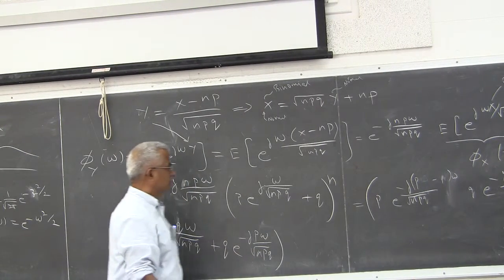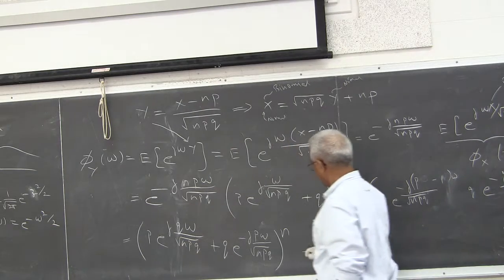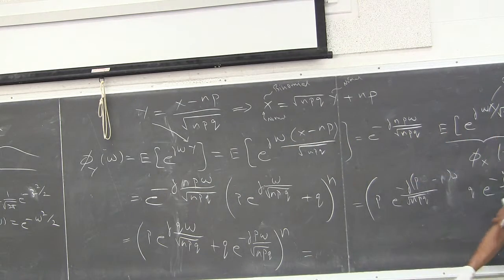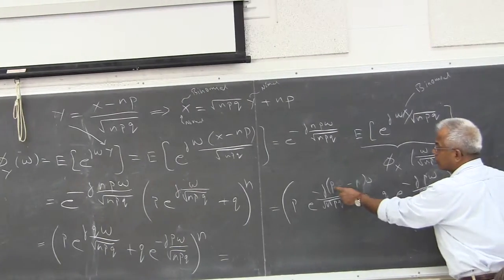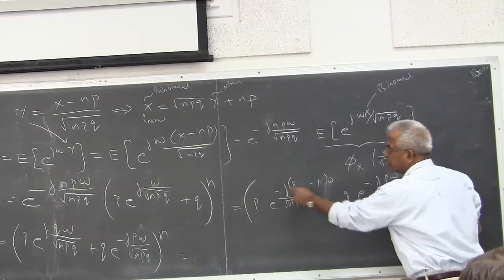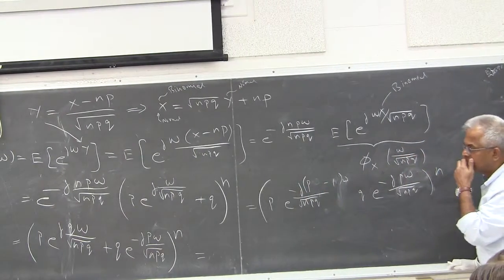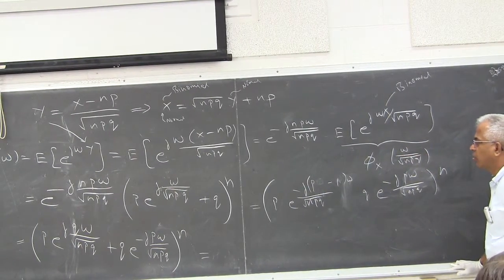Is this true? Remember, 1 minus p is q. So p minus 1 is minus q, minus minus plus. So I have j q omega, right?